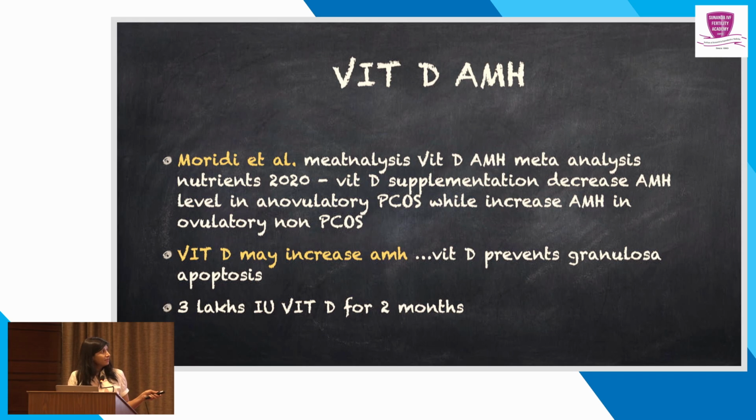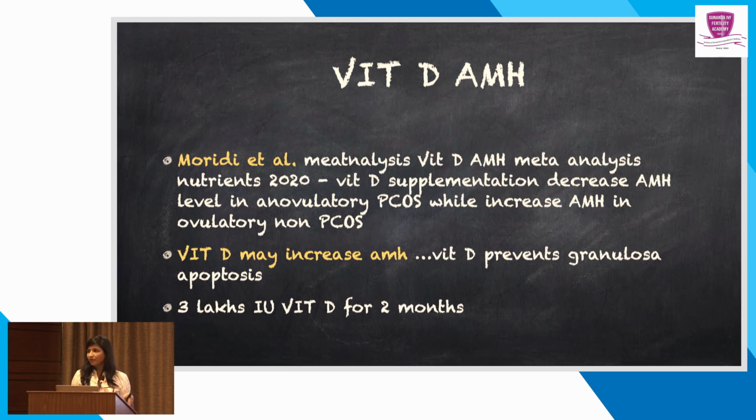They found that vitamin D supplementation decreases AMH in anovulatory PCOS. That is why in PCOS there is a role for vitamin D. But it is also important in patients with poor ovarian reserve, because it also increases AMH in ovulatory non-PCOS. So vitamin D may increase AMH. Vitamin D prevents granulosa cell apoptosis.